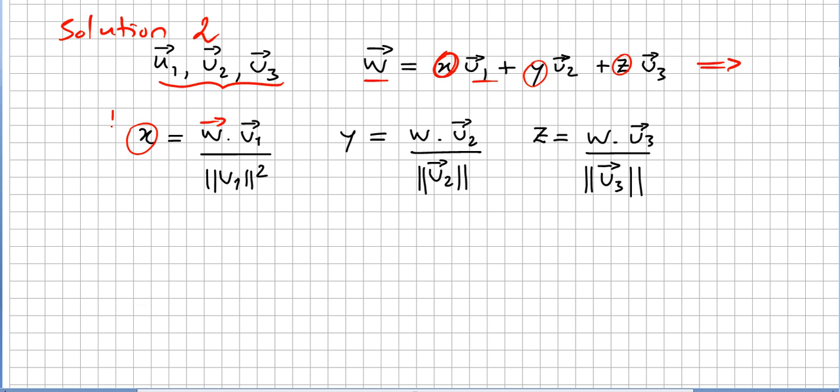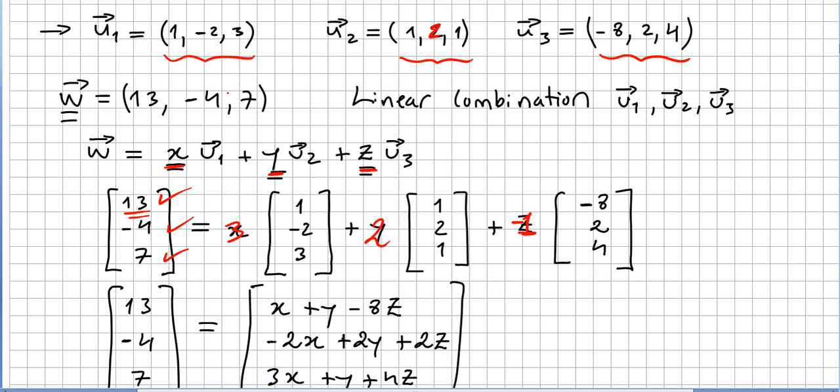Okay, let us see if this works for our previous example. What we did here, we had vectors u1, u2, and u3 and w, and we wanted to write w as a linear combination of u1, u2, u3, and we had to solve all this huge system. Let us see if our system now is quicker. So we need w and we need u1.